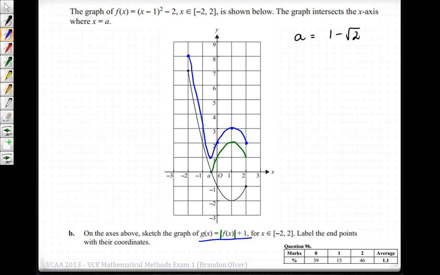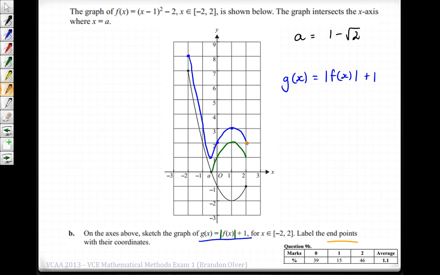A little bit dodgy on the computer screen, but hopefully you get the gist of what the graph of g of x looks like. So g of x is in blue, so we've graphed the absolute value of f of x, plus 1. And now it also says label the endpoints with their coordinates.